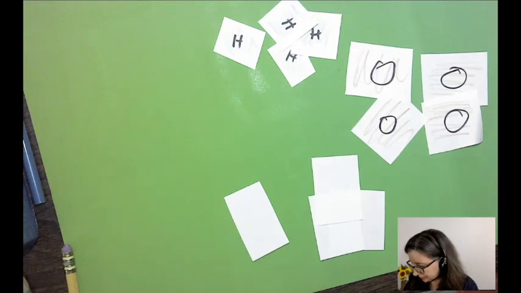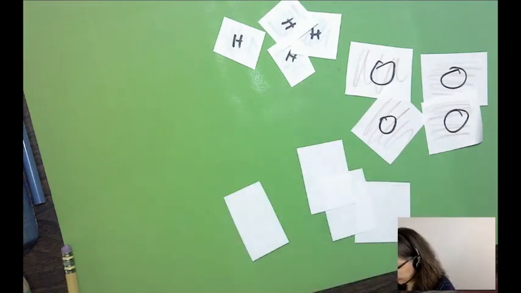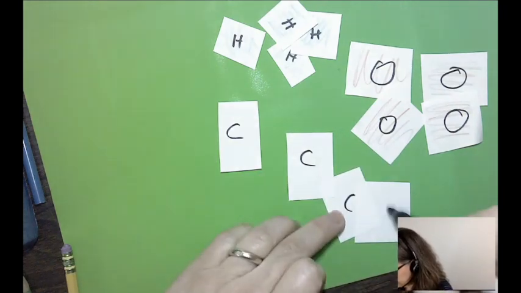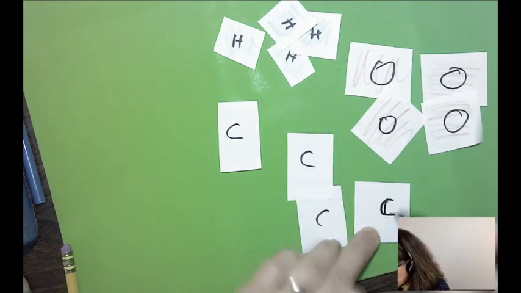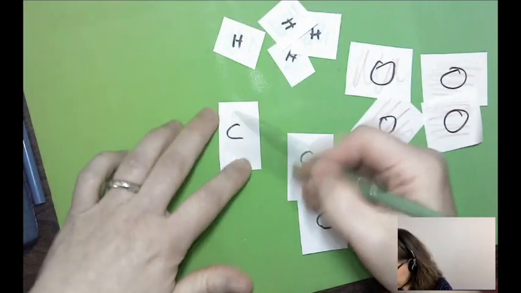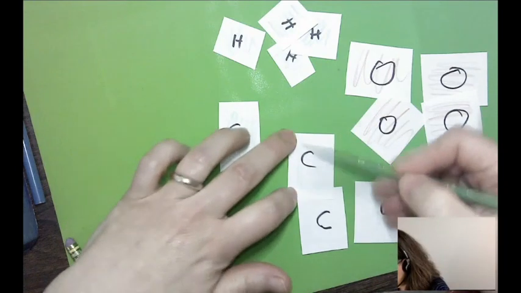And we're going to label them with the symbol for carbon, which is just the letter C. Oops, let's make that so it's actually something you can read. And what color didn't I use yet? Green. A little bit of green for our carbon.